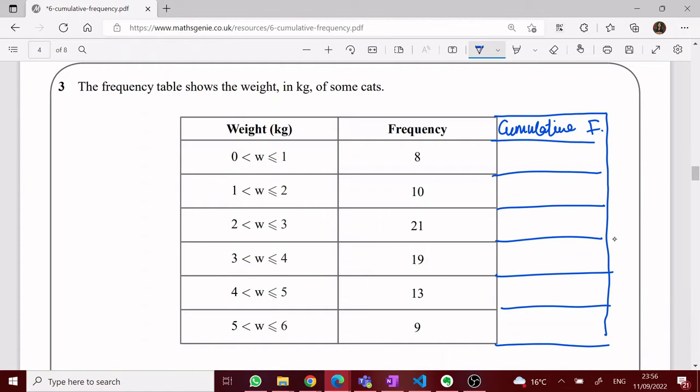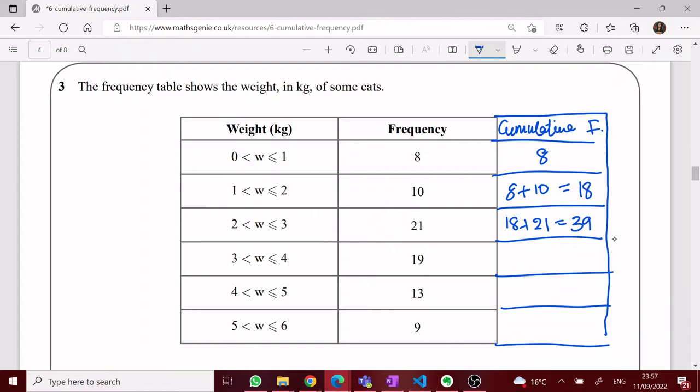So the first one is just going to be 8. The next one would be 8 plus 10, which is 18. The one after that would be 18 plus 21, which is 39.